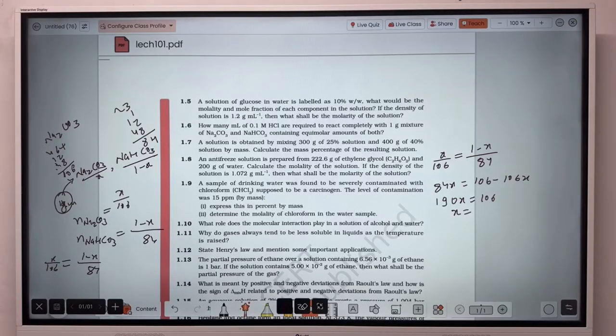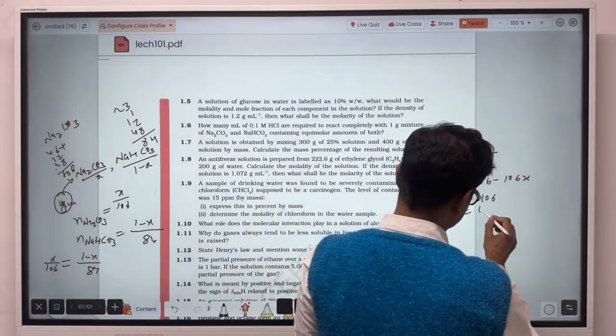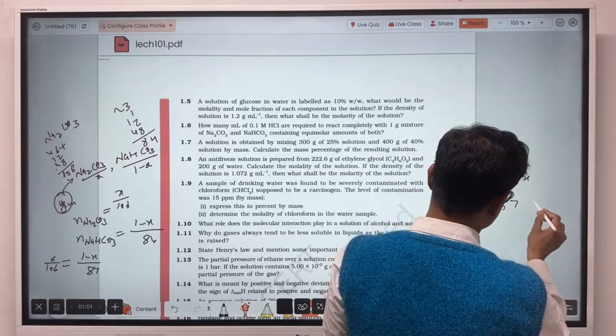You can calculate this one. How much is coming? 106 divided by 190. That came to 0.557, that much in gram.